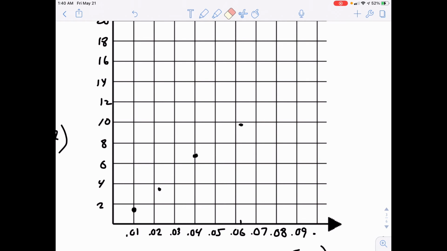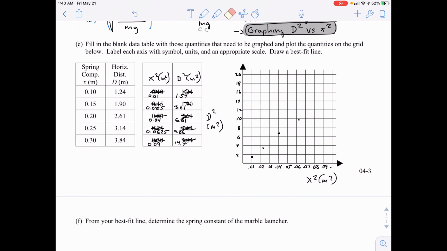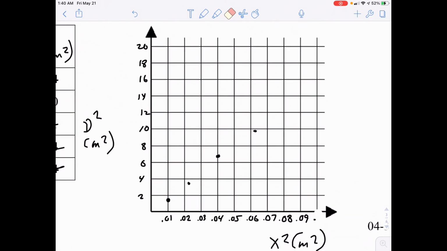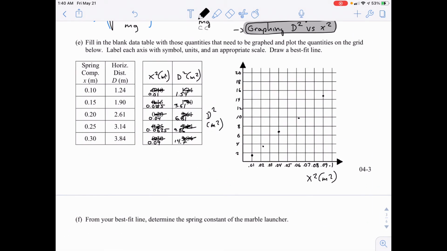And roughly about that point right there. And then last data point, we're going over 0.09 and up almost 15. So roughly about there. Okay, and you've linearized your data.